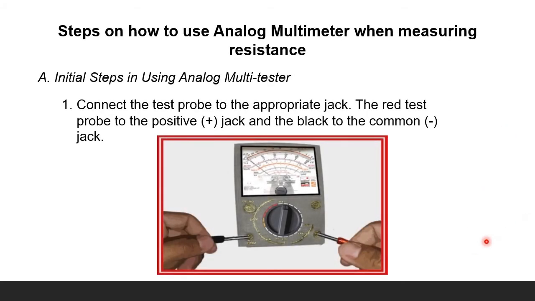There are steps on how to use an analog multimeter when measuring resistance. First, the initial steps in using an analog multi-tester. One, connect the test probe to the appropriate jack. Again, red for positive and black for negative.